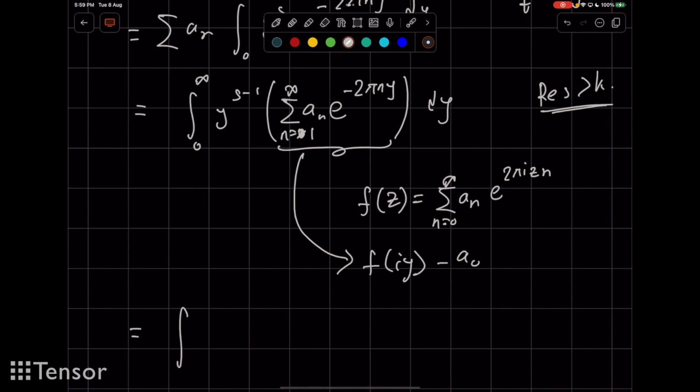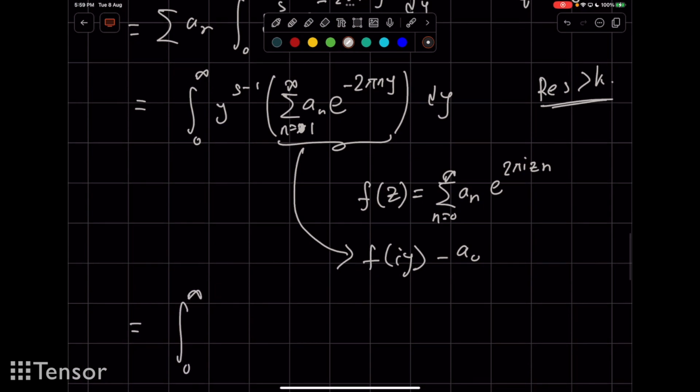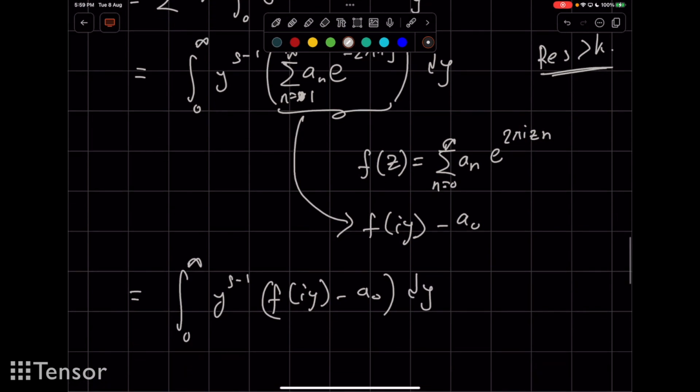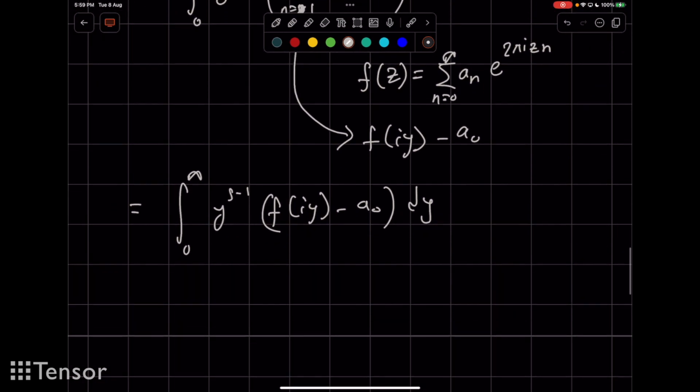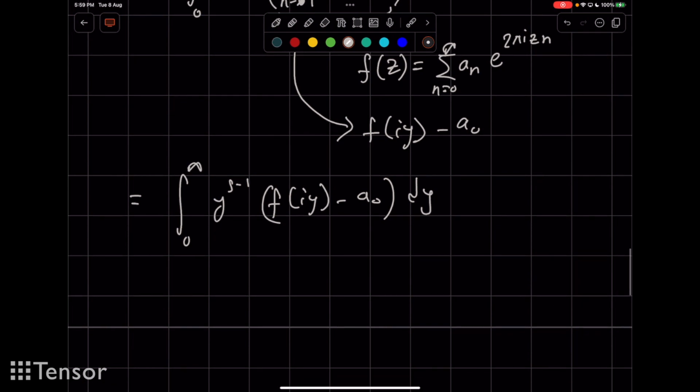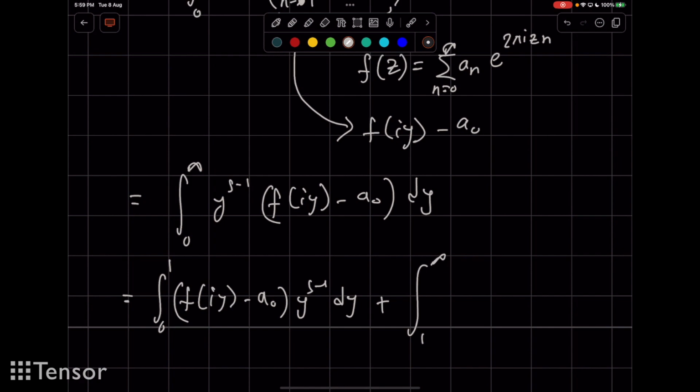So this is the integral from 0 to infinity of y to the s minus 1 times f of iy minus a_0, dy. Now we can break this integral apart into two integrals, one from 0 to 1, another from 1 to infinity.